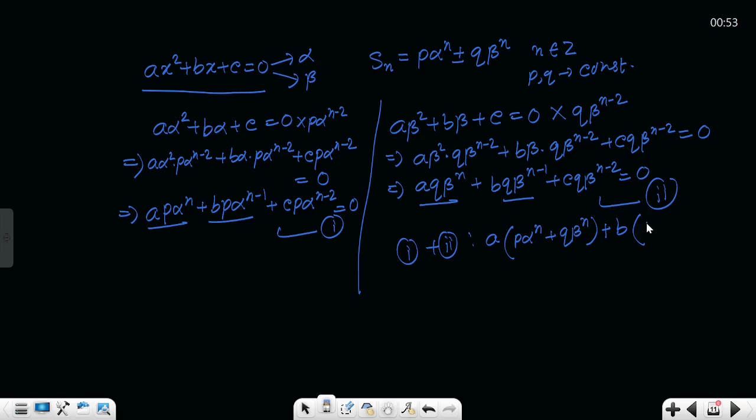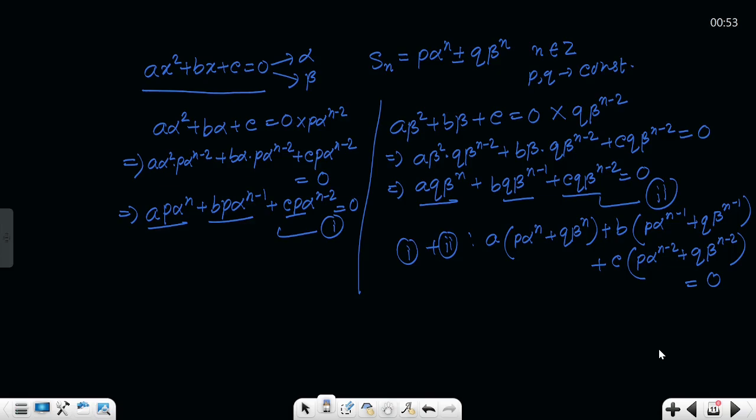So from here we will get p alpha to the power n minus 1 plus q beta to the power n minus 1, plus, from these two terms we will take c common. So here we will get p alpha to the power n minus 2 plus q beta to the power n minus 2 is equal to 0. Clear? I hope this is clear to you.